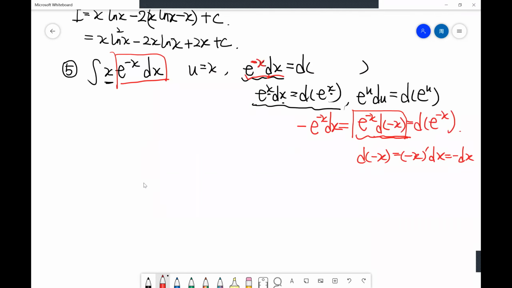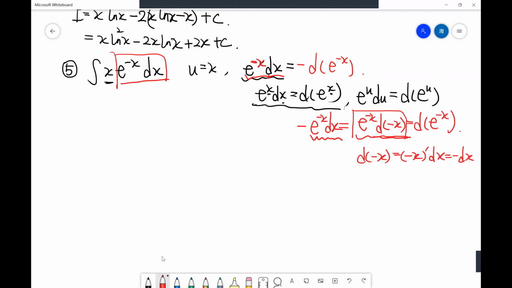So we know that e to the minus x dx should be equal to minus d e to the power minus x. Can you follow this step here, guys? Can you understand why we have minus here before d? Can you understand? Or any questions here?